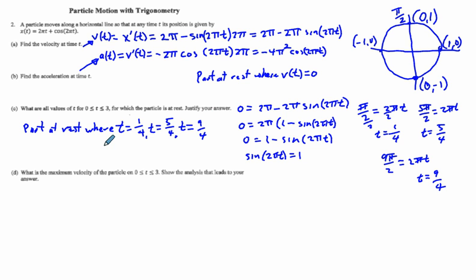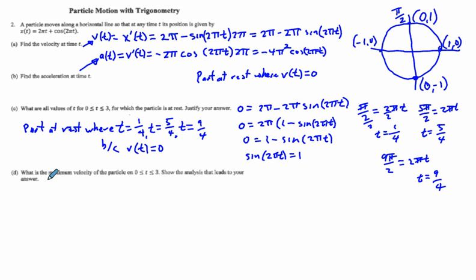And why? For justification, because v of t is equal to 0 at each of those values. And those are all the values between t equals 0 and t equals 3.